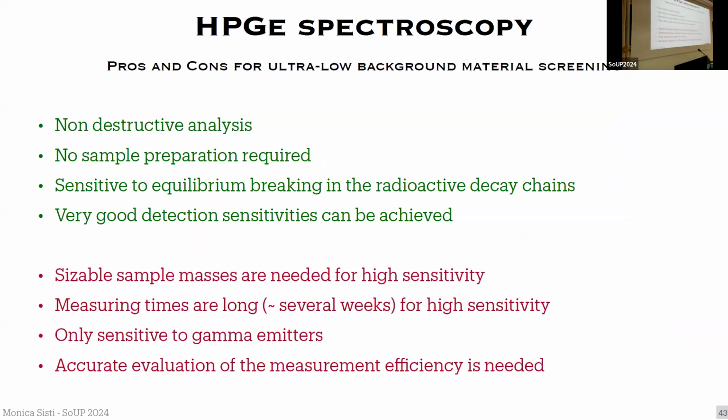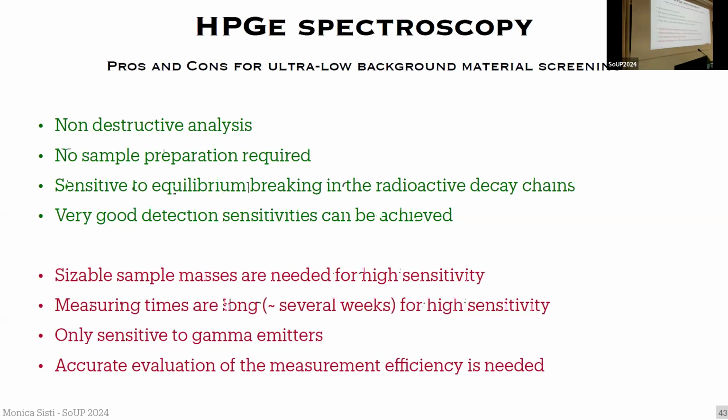So these are the pros and cons of germanium spectroscopy. It's a non-destructive analysis. You don't need to prepare the samples, which is also an advantage, because as we will see in ICP-MS, for example, this is a very critical point. It is sensitive to equilibrium breaking in the decay chains, and it has very good detection sensitivities when the system is properly optimized.